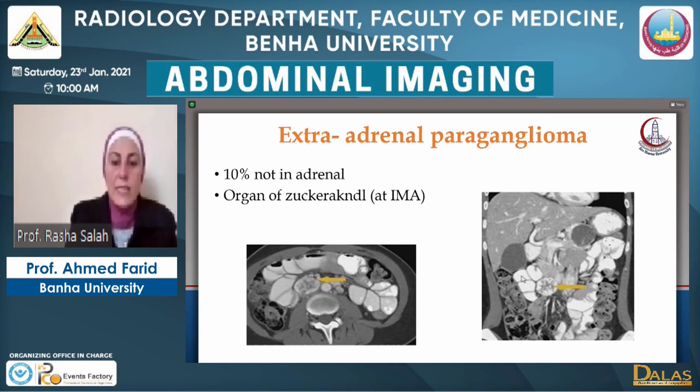So if we have a clinical suspicion for pheochromocytoma, search first for the adrenal masses. If you don't see any adrenal mass, then search for the extra-adrenal paraganglioma, which is another type of pheochromocytoma, and this search should include the level of the inferior mesenteric artery and the bladder dome.